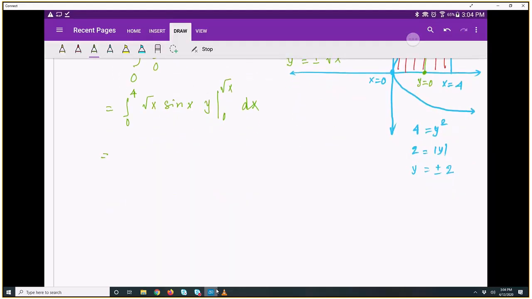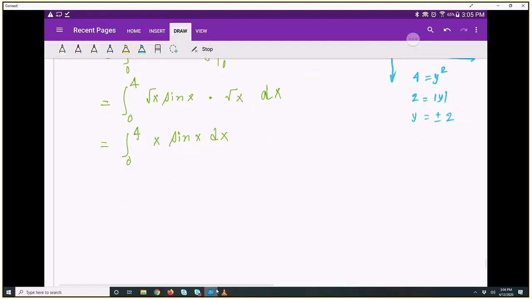If I plug in y equal to square root of x, I get square root of x sine x times square root of x. I don't care about the value at 0 because that makes the entire term equal to 0. Square root of x times square root of x is x. So I get the integral from 0 to 4 of x sine x dx.